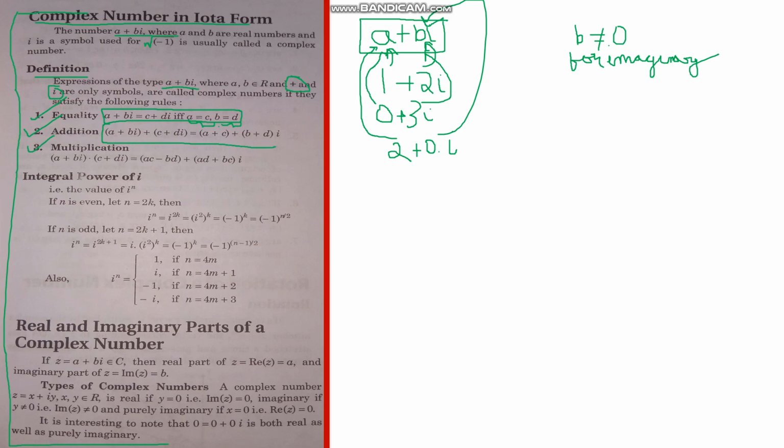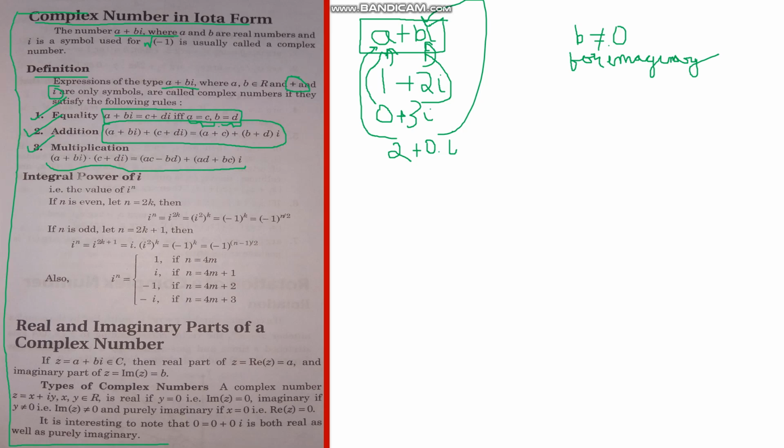This is the addition statement. It can be written as a plus c, and taking i common, we get b plus d. Multiplication: we can use the distributive rule, a into c, and then bi into di, then bd i square comes. i square is minus 1.